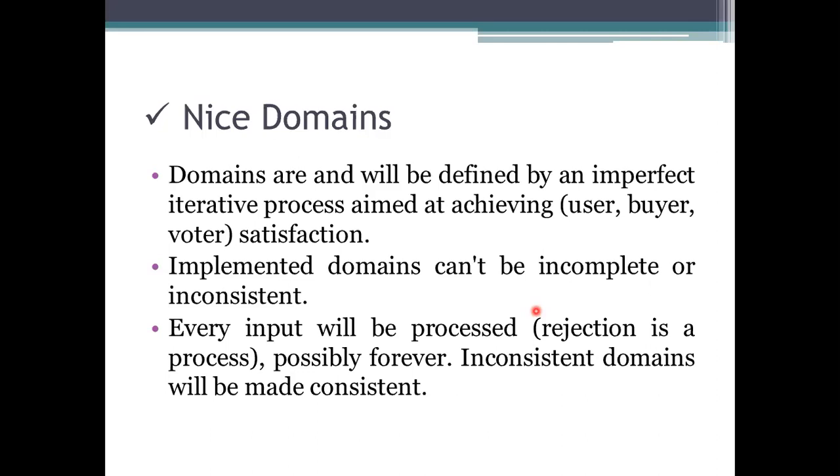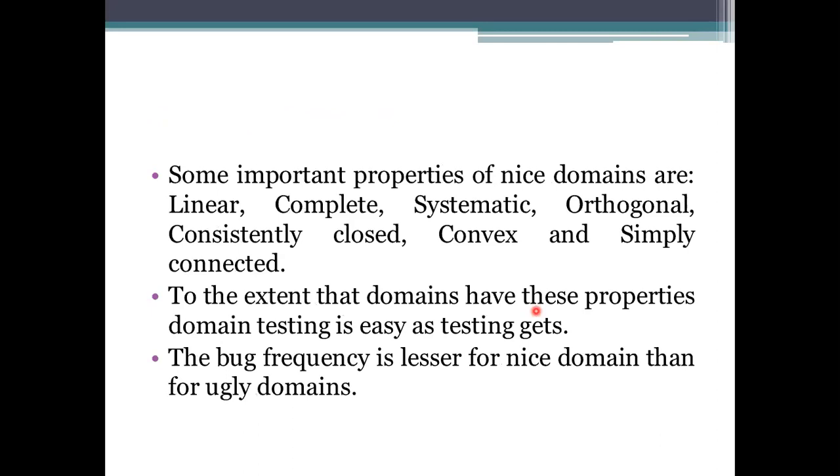If it is complete, which lets the program execute in a clear manner, then it is specified as a nice domain. If it is not like that, then we say it is an ugly domain. The properties of a nice domain are: linear, complete, systematic, orthogonal, consistently closed, convex, and simply connected.